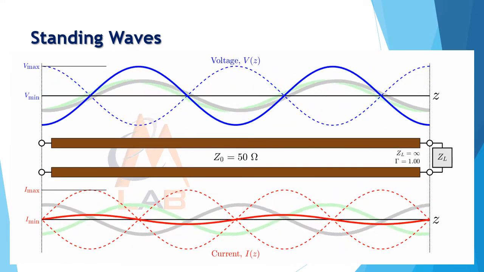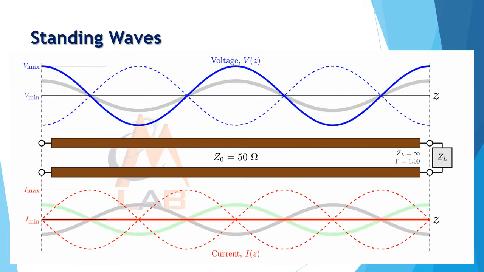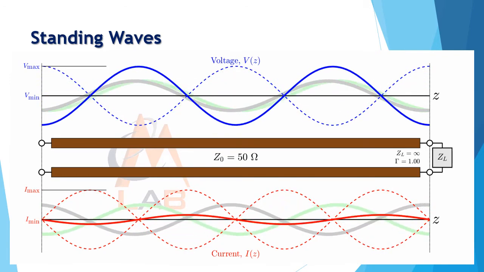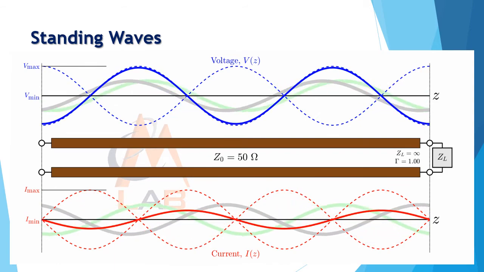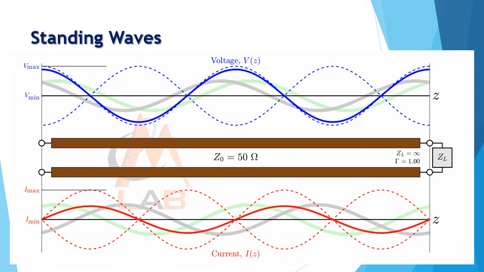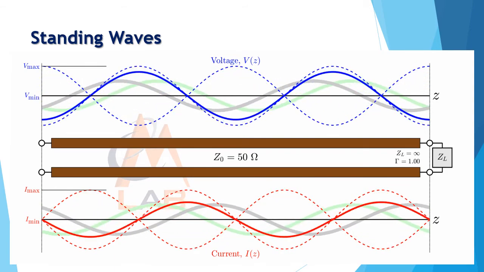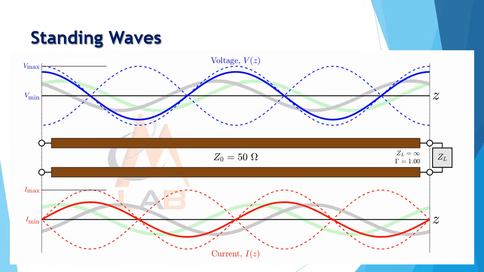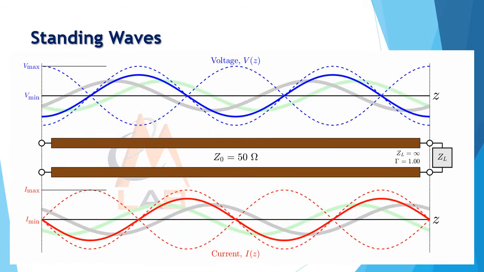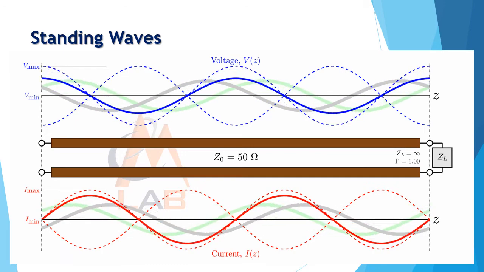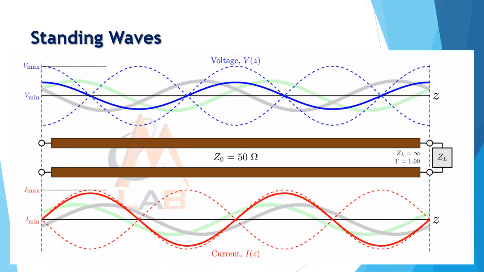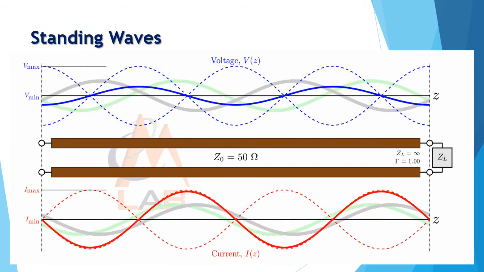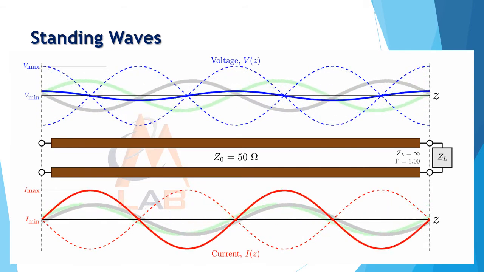Next, this is the animation for the standing waves wherein our load impedance is equal to infinity, or an open circuit. So in this case, our reflection coefficient is equal to 1, and the same as before, the absolute maximum for the voltage occurs during the absolute minimum of the current, and vice versa.